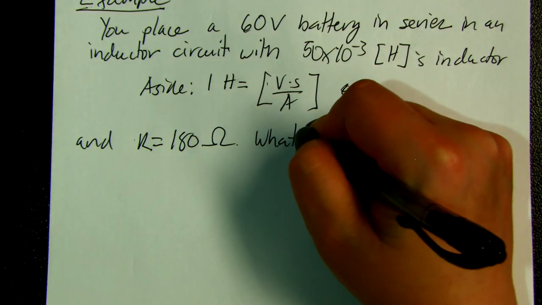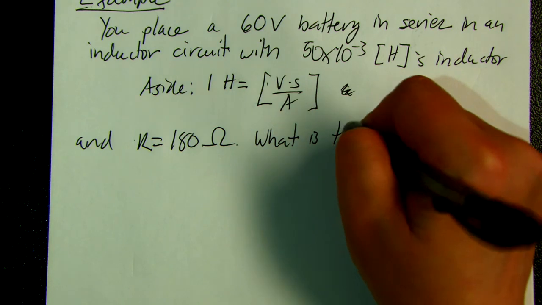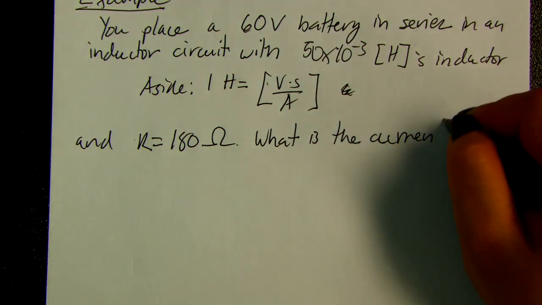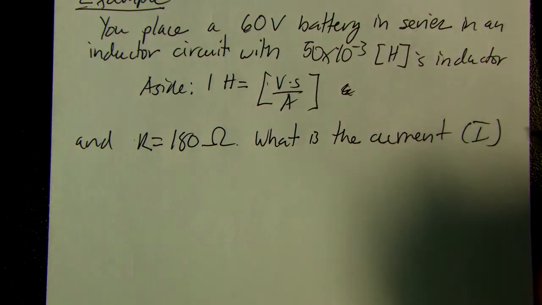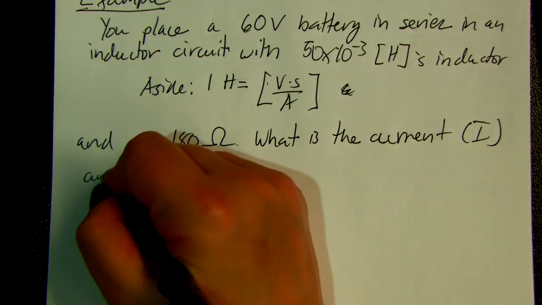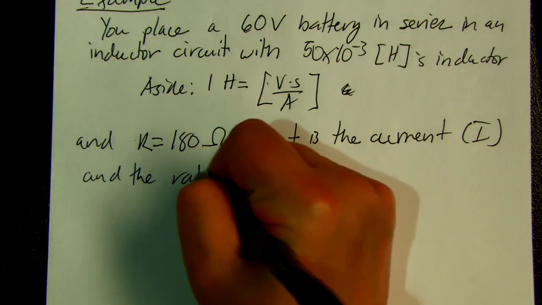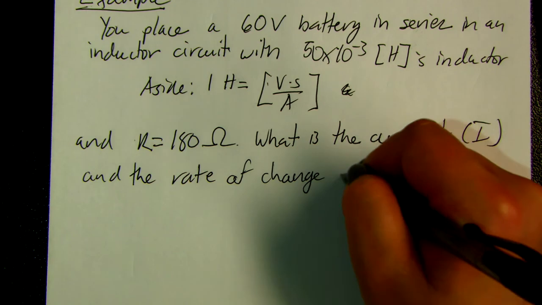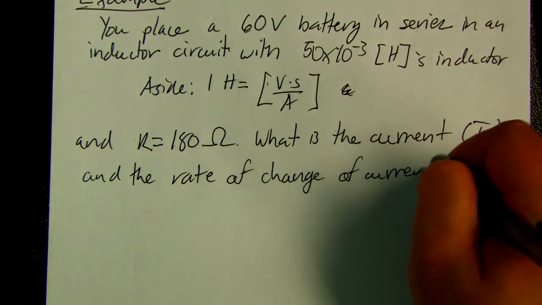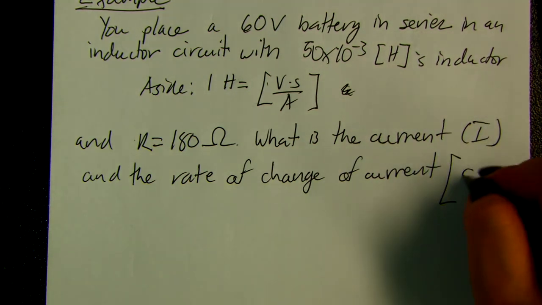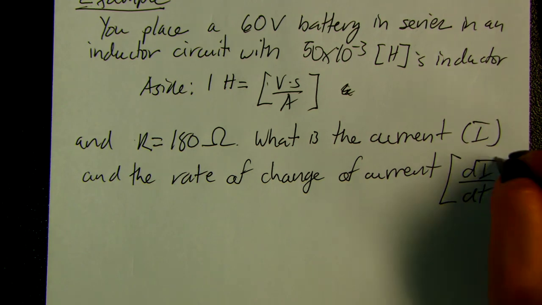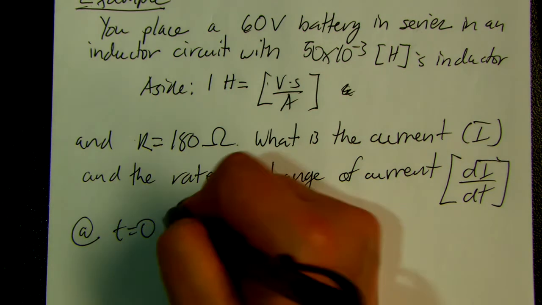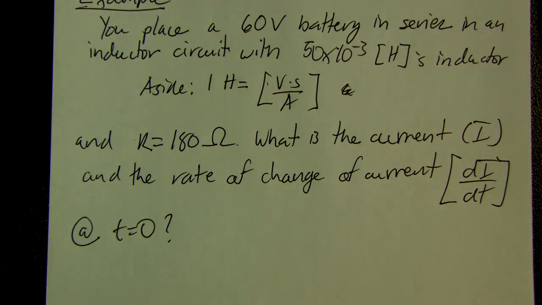What is the current I and the rate of change of current, dI/dt, at t equals 0? Not the same thing.